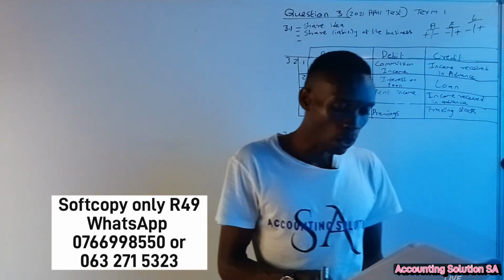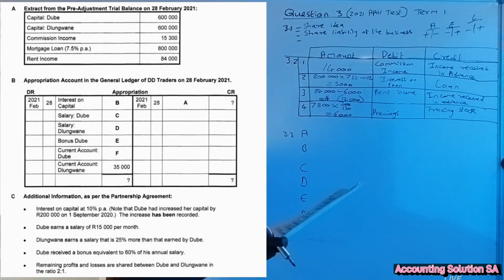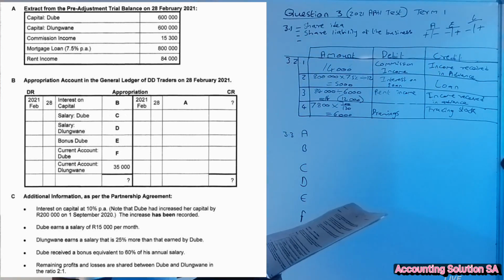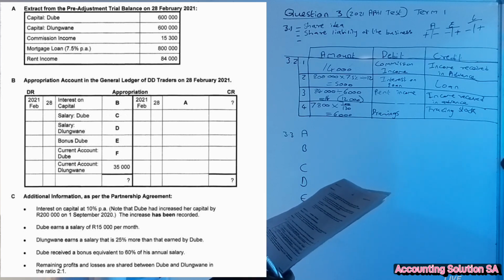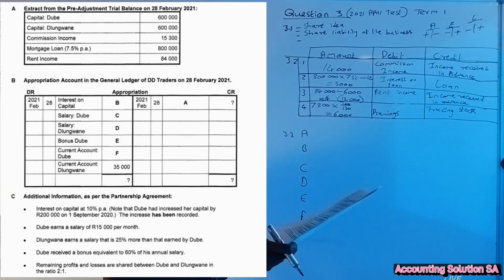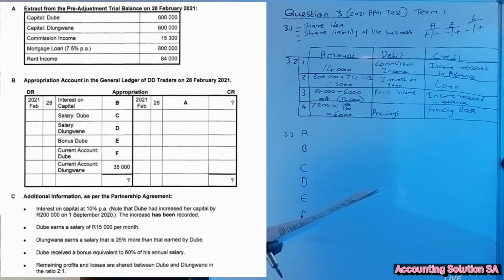Okay, now let's proceed. We are going to 1.3, which is 3.3. Obviously they made a mistake on the numbering here. They refer to information B. Complete the missing detail amount labelled A to F in the appropriation account of DD Traders for the year ended 28 February 2021.